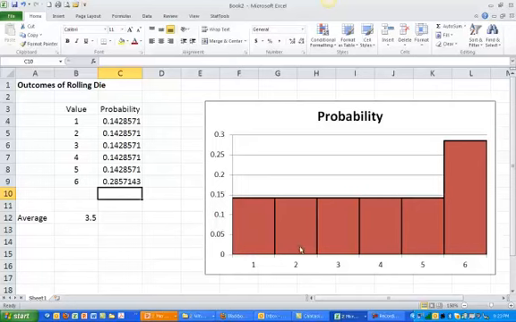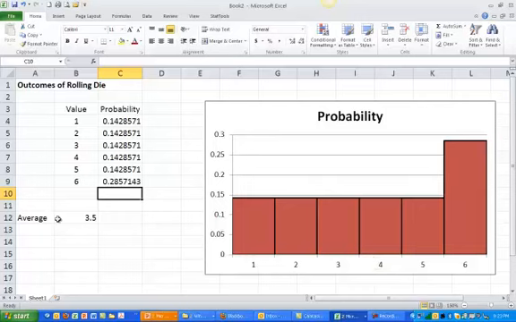Intuitively, would we expect from the graph that the mean would be at the same value, 3.5, or would it shift? Well, again, using the concept of the mean as the balance point of the distribution, certainly that mean would have to be at a higher number than 3.5 in order to balance out that extra weighting, if you will, of the higher probability of getting a 6. So 3.5 certainly can't be the right value in this case.